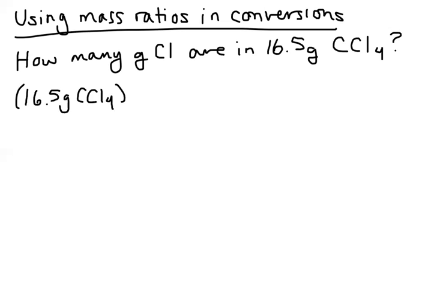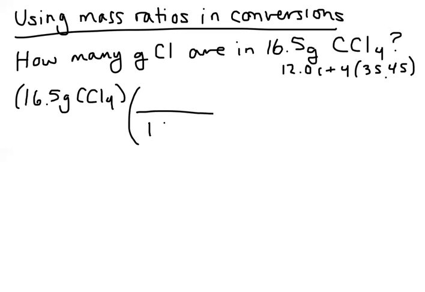Okay, so you add 12.01 plus 4 times 35.45. And that gives you 153.81 grams of CCl4. And out of that 153.81, how much is chlorine?